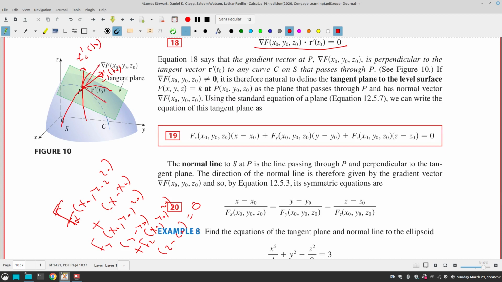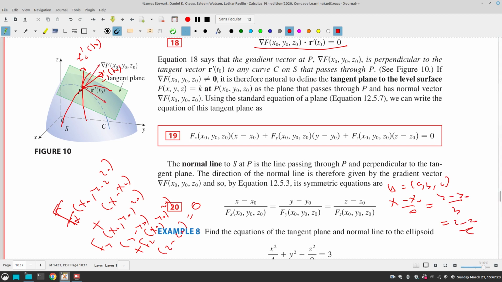So remember, any line in 3 dimensions, in the direction, let's say u equals a, b, c, and passing through x naught, y naught, z naught can be given as x minus x naught by a equals y minus y naught by b equals z minus z naught by c.